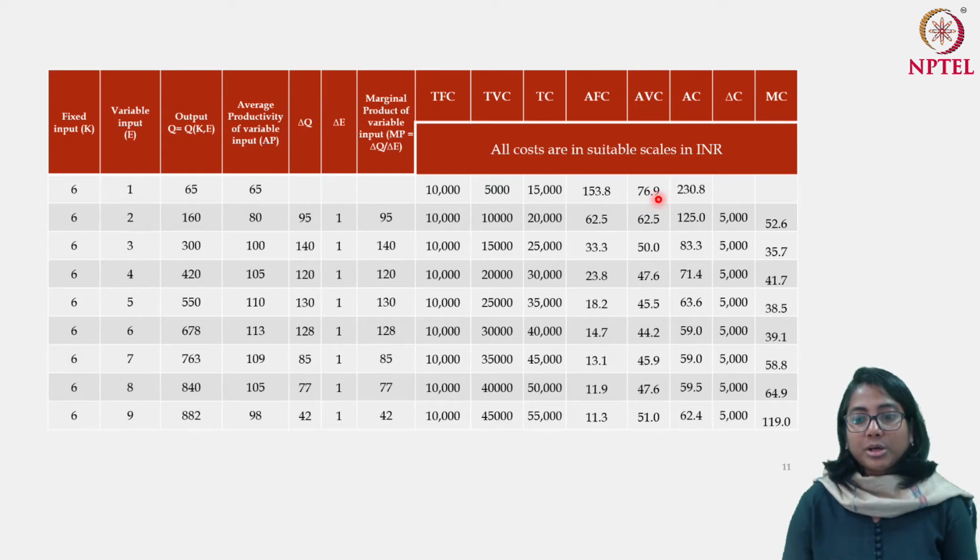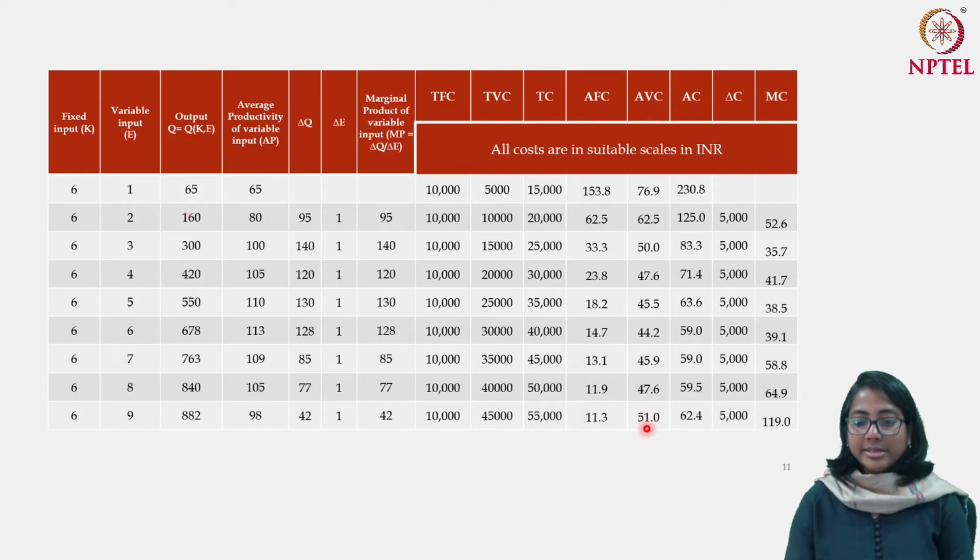We next move on to the concept of average variable cost. Similar to average fixed cost, here we are just dividing the total variable cost by the quantity of output. So this number 76.9, we are getting by dividing 5000, that is total variable cost, by the total output 65.